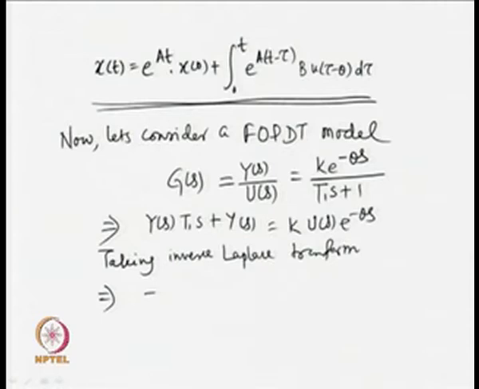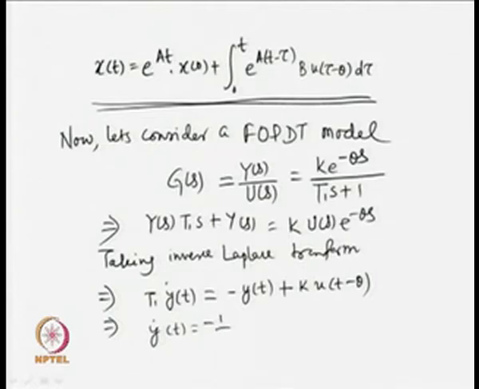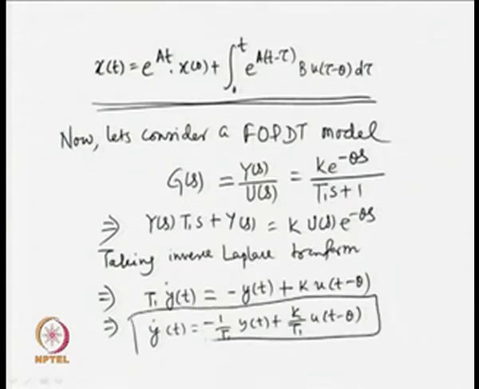We get T1 ẏ(t) = −y(t) + k u(t−θ), further giving us ẏ(t) = −(1/T1) y(t) + (k/T1) u(t−θ). This we have derived in our previous lecture also, but we have not made use of state space analysis there.